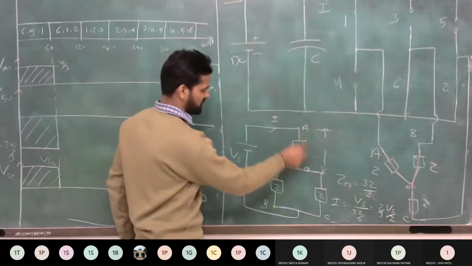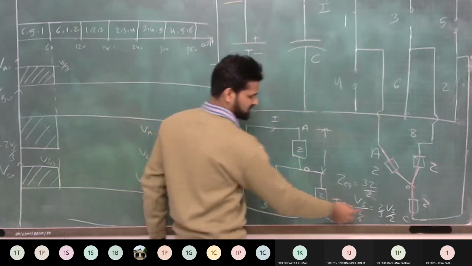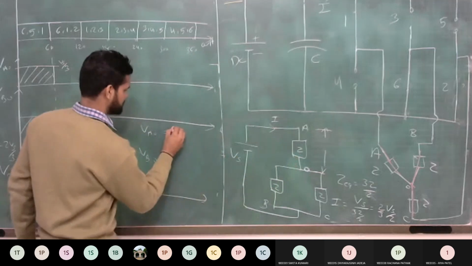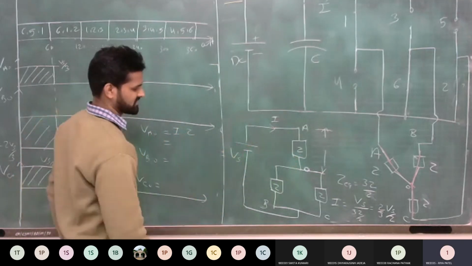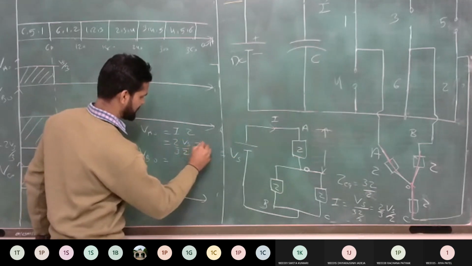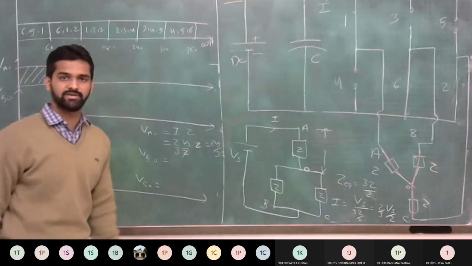Now we want the voltage drop across phase A. So we have the equation of current, 2 by 3 Vs by Z, into Z. So we get the value of voltage across phase A: 2 by 3 Vs by Z into Z. Z cancels out, so it is 2 Vs by 3.